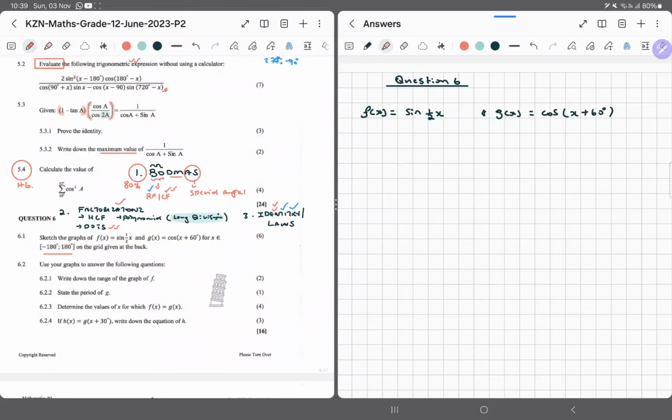So we can see that this one affects the period for the sine graph, whereas the period here does not change. It's an invisible one. So if we look for the period here, you would see this would be 360 degrees divided by a half, the coefficient of x. This gives us 720.